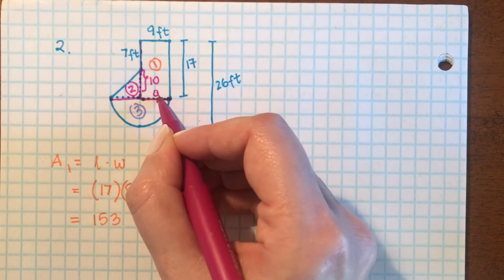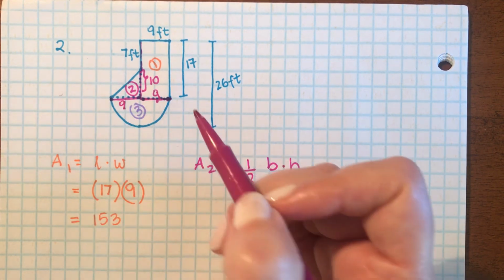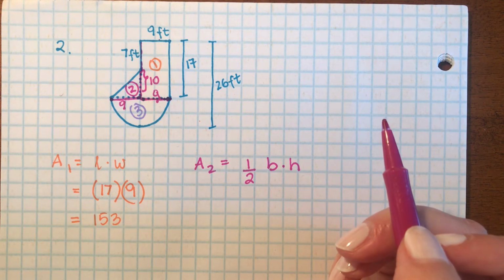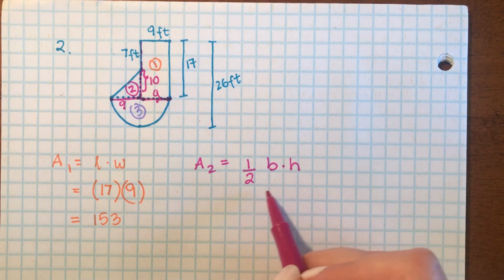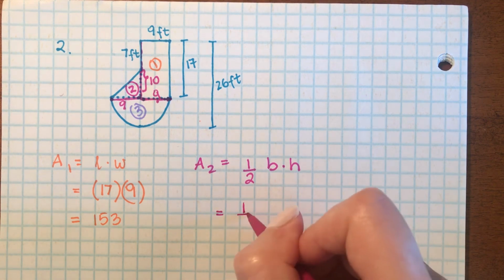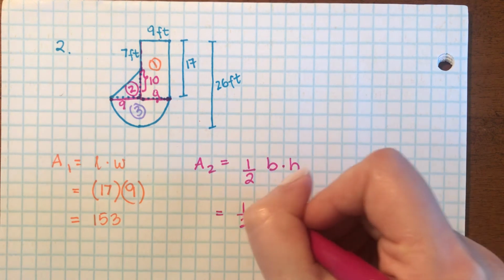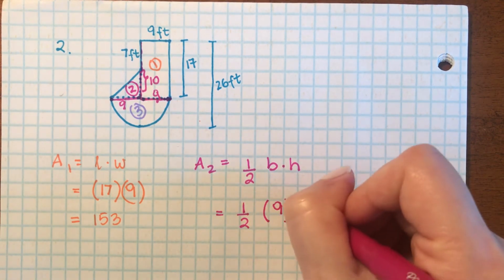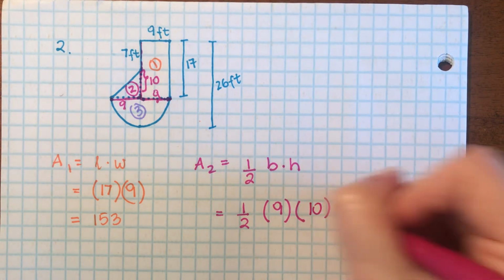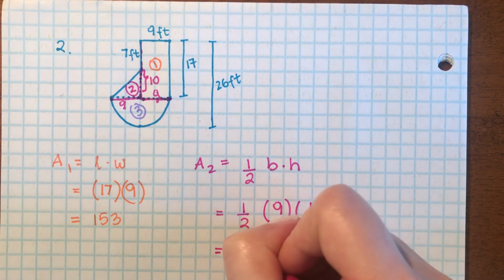So if this radius is 9, this radius, in the same semicircle, has to be the same, so it's 9 as well. Now we know everything we need to find the area of this triangle, so let's substitute. We have 1/2, base is 9, and height was 10. When you simplify, you should get 45.